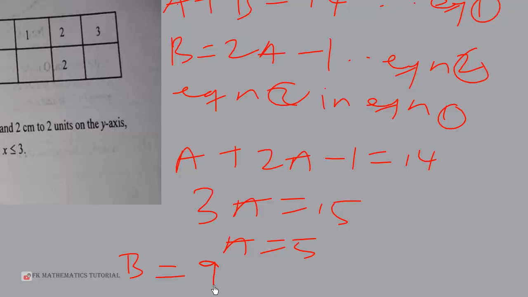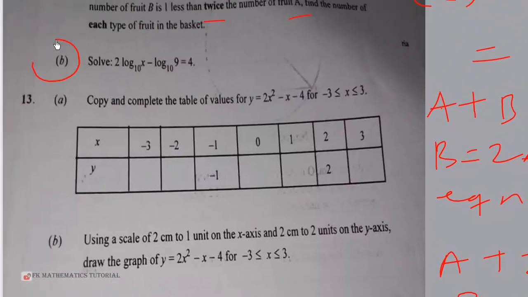And the B part says we should solve this equation. To solve this equation, we first of all bring this one here to get log base 10 of x squared minus log base 10 of 9 equals 4.